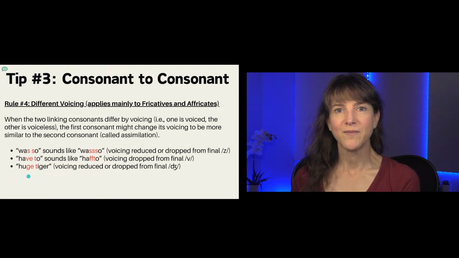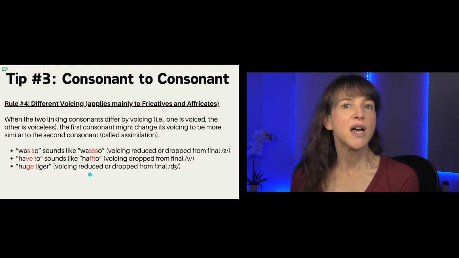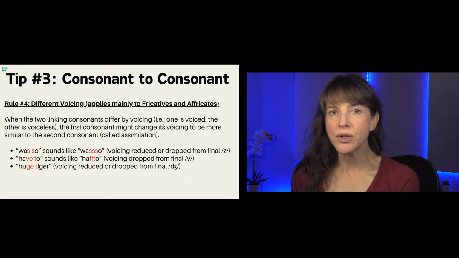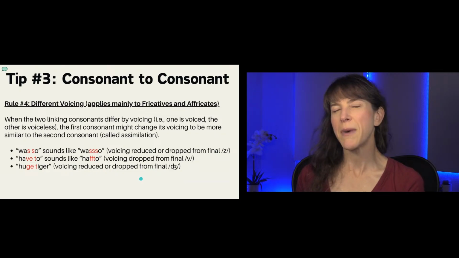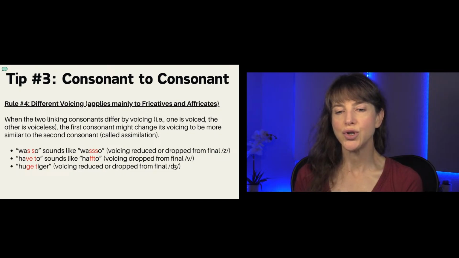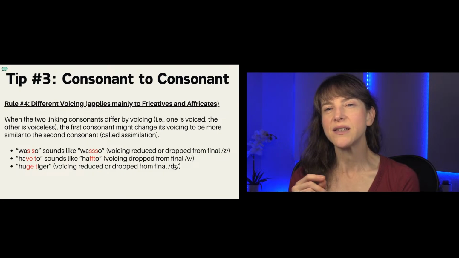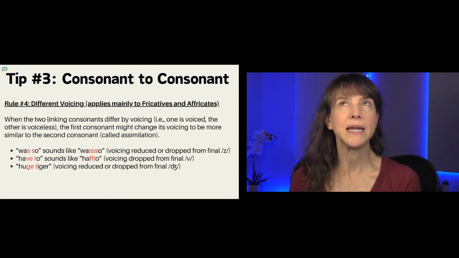Huge tiger. Here we have a final J consonant linking to a voiceless T consonant. So the voicing of the J in huge is either reduced or dropped completely. Huge tiger. I feel a little bit of voicing there. But maybe for some people it really does feel like a CH sound. But it's not.